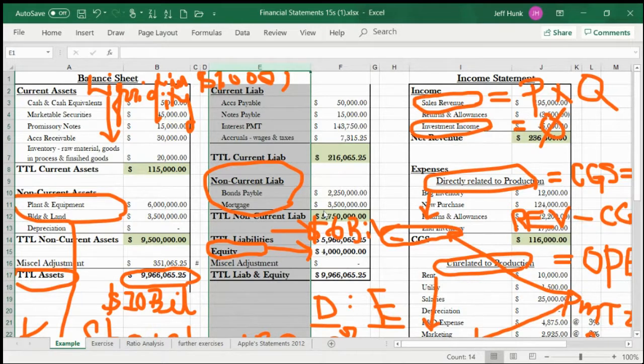Obviously, it makes sense. Assets are what you own, and some of the assets came from liabilities, right? Which is what you owe. But what about equity? Is equity what you owe?